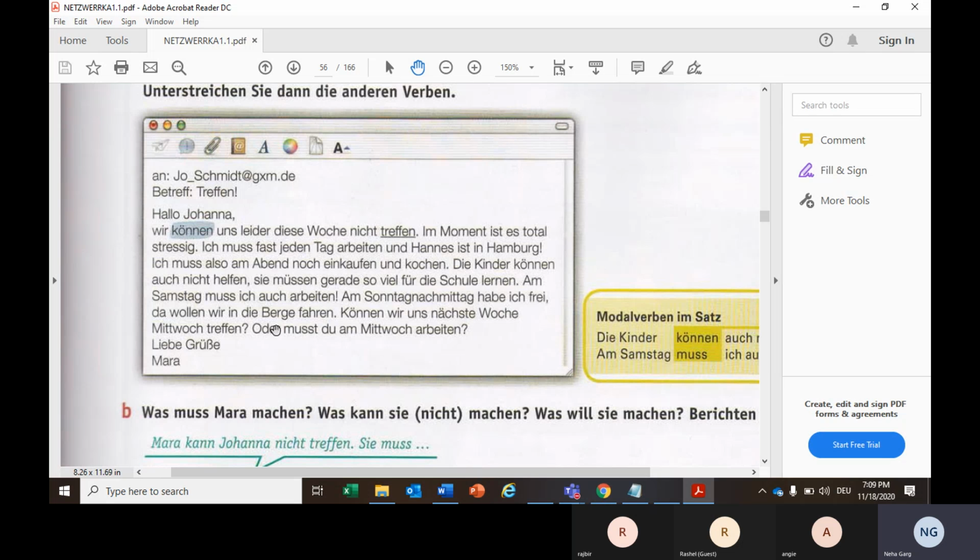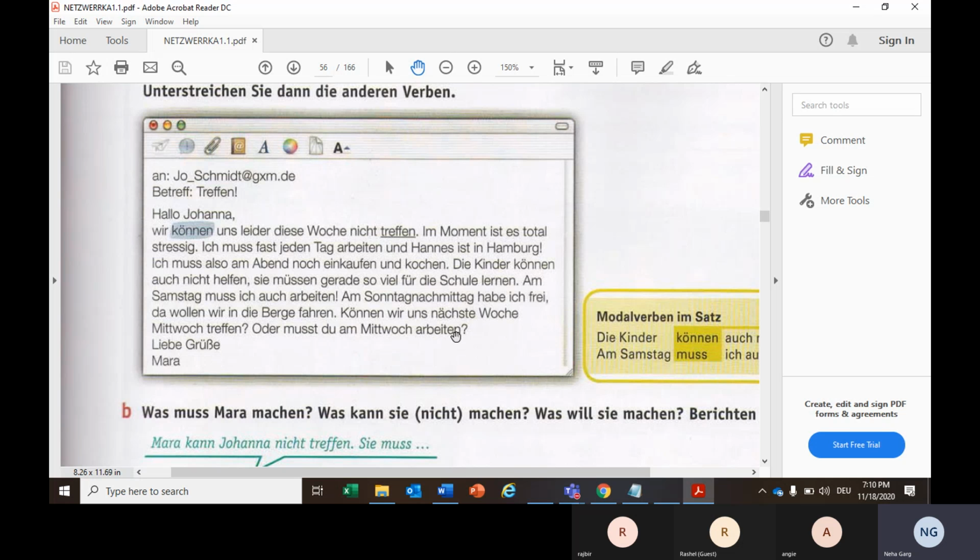Da wollen wir in die Berge fahren. So then we can go to the mountains. In die Berge fahren. So in Germany, people like in their free time or when they meet their friends or just for a one day trip, they usually prefer to go to the mountain area, hilly area, or they prefer to go to the beaches. So here she's saying in die Berge fahren, that means to go to the hills or to go to the mountains. Berge bedeutet mountains.